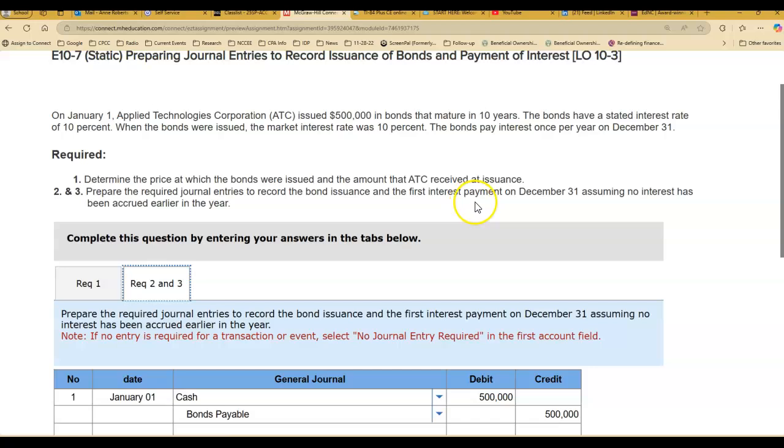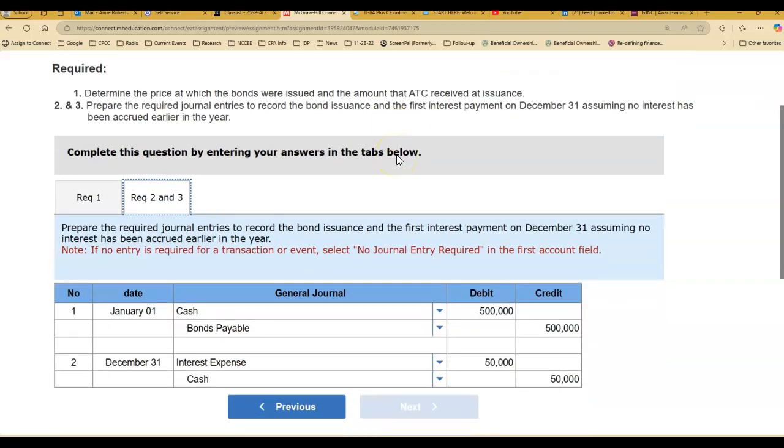And then they're asking for the interest payment. So how much are we paying per bond? Well, let's see. They don't tell us per bond. How much is the interest payment every year? $50,000, right? It's just simply the face value of $500,000 times the 10% interest rate, and we're going to pay $50,000.